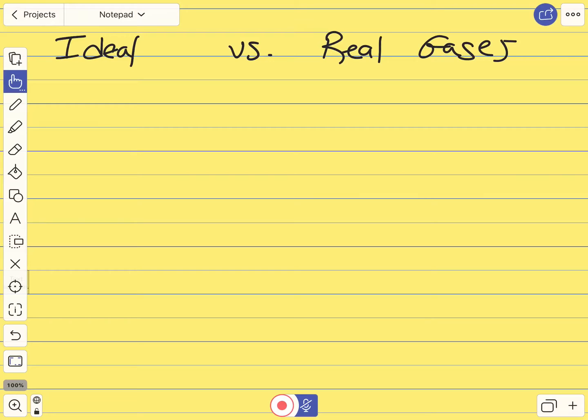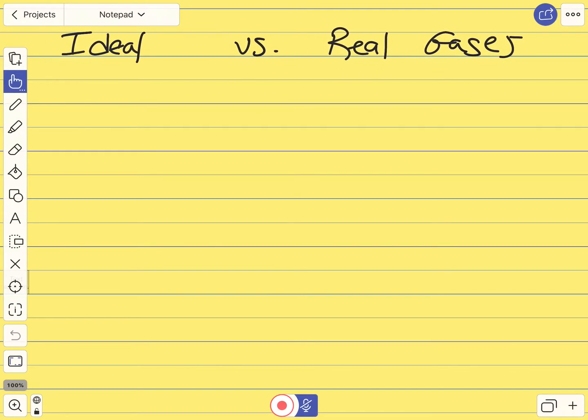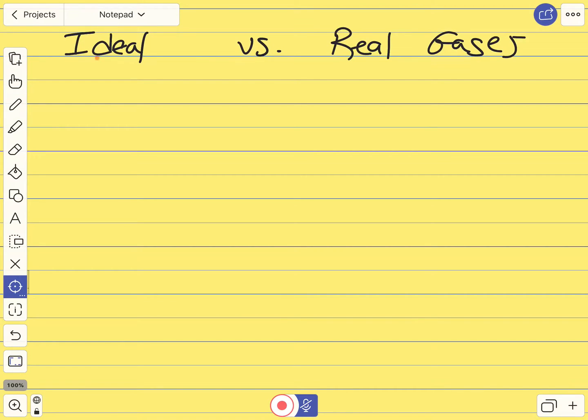Okay, since we are talking about gas laws in this unit, it's important to note that for our formulas to work, we need ideal gases. And these essentially are imaginary gases, or an imaginary scenario, or imaginary particles that work just perfect.